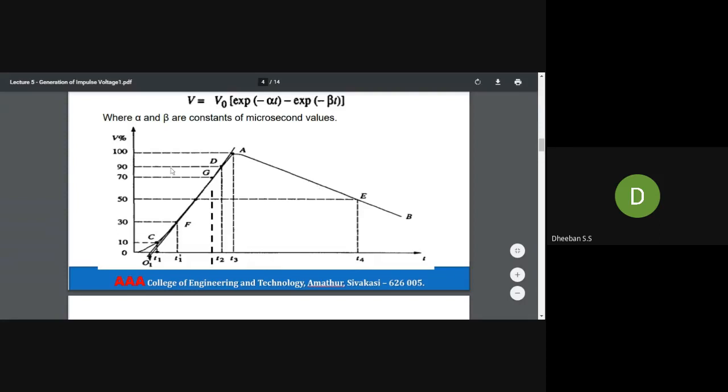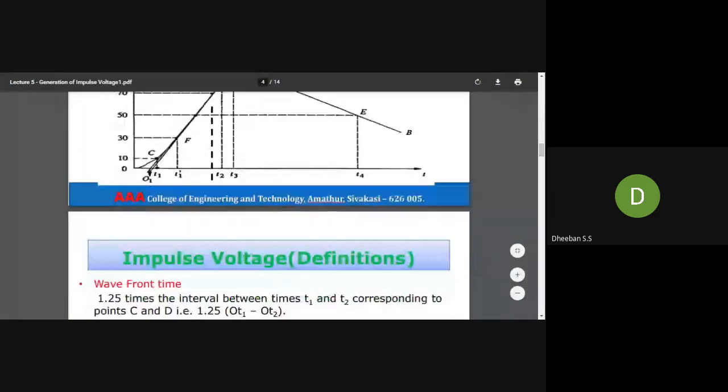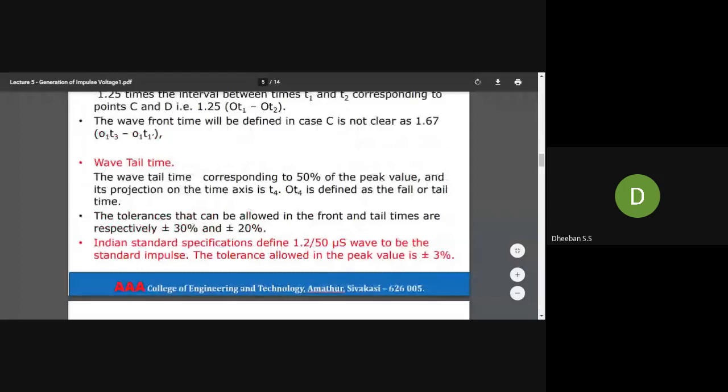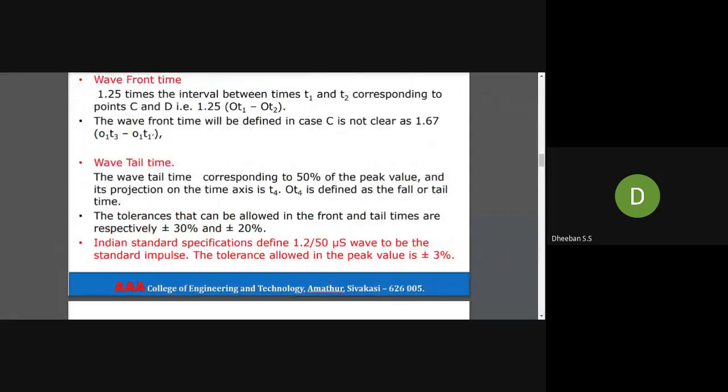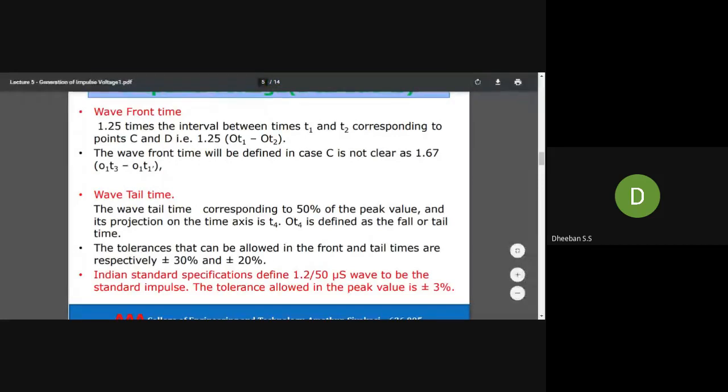For the wave tail time, it is the 50% of this voltage magnitude. You have to interpolate to the 50%, and you have to extend to your x-axis to find the T4. And this T4 value is nothing but your wave tail time. So these two are the main parameters through which you can define your impulse voltage.